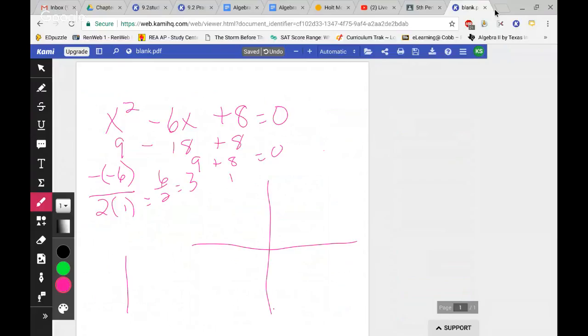It's going to be 3 and 17. 1, 2, 3. So way up here. Why would they? I don't get it.